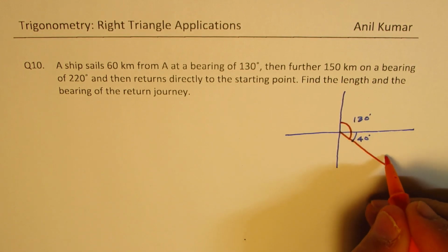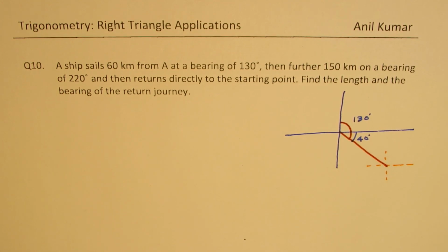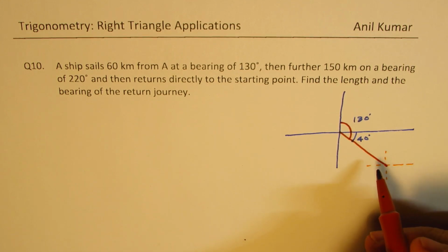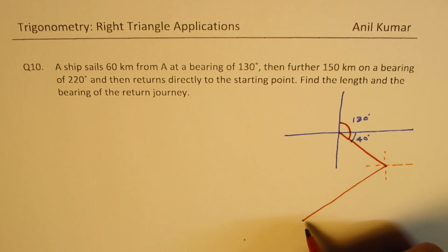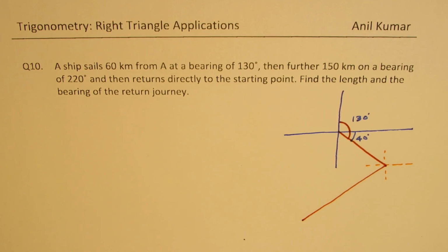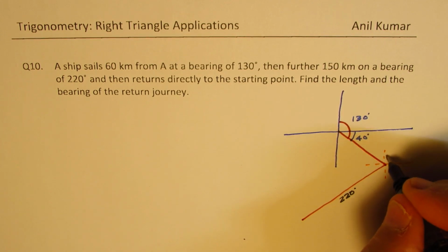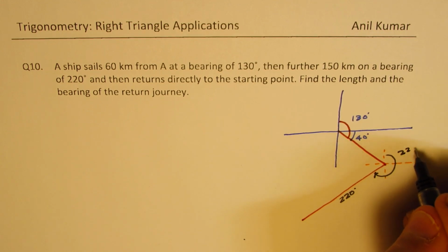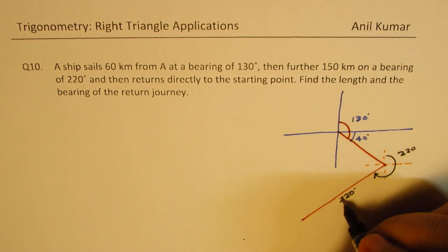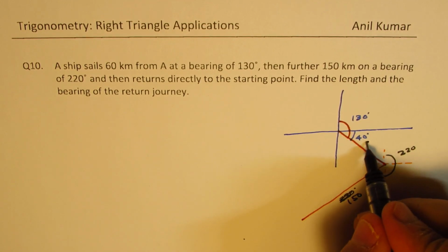So at this point, we have to go for a bearing of 220. 220 means 50 less than 270, right? So this is 220 for us. Sorry, this is 150 kilometers. The other one here was 60 kilometers.